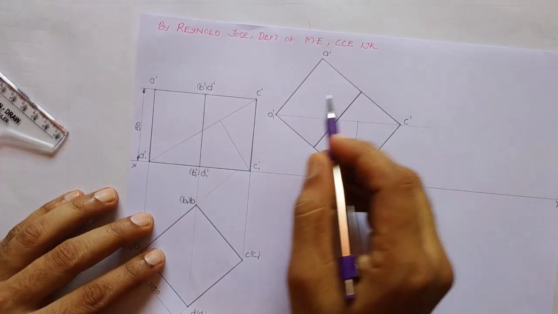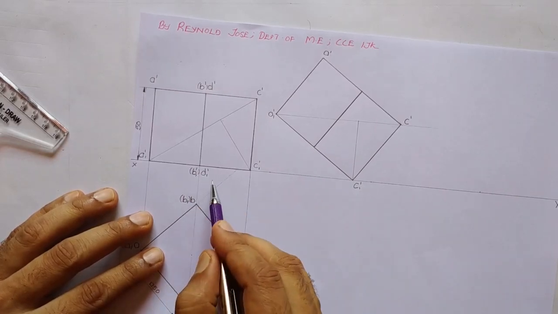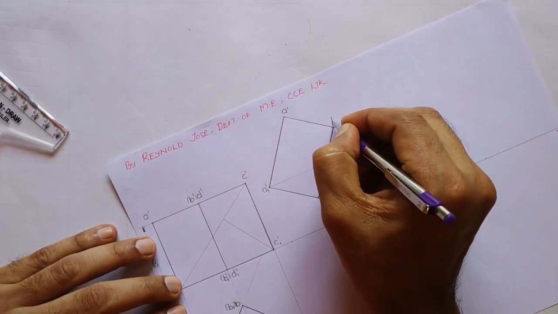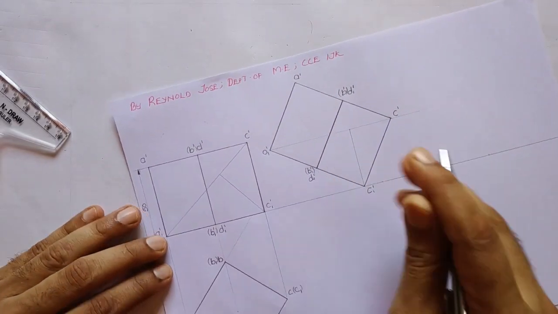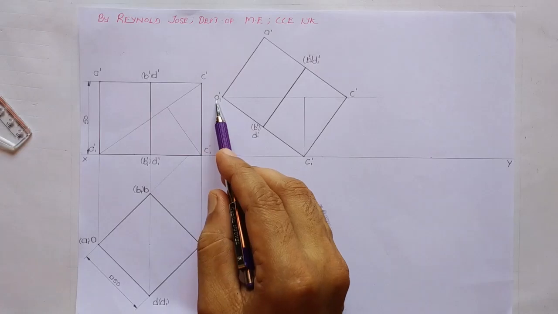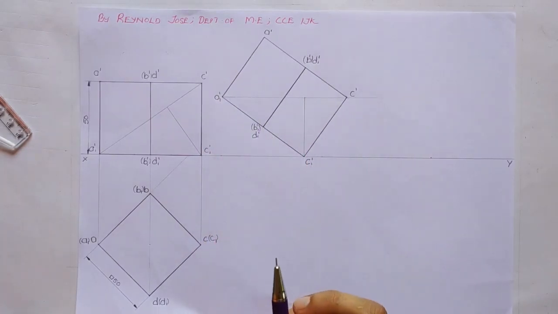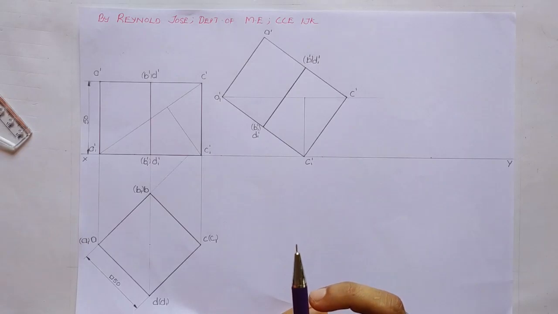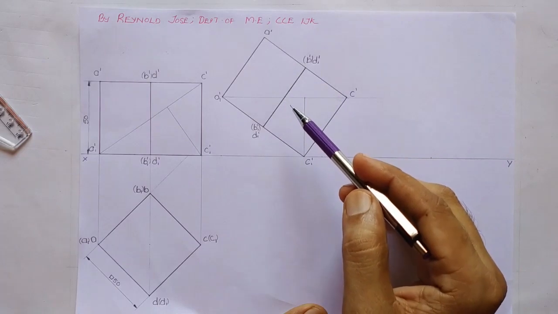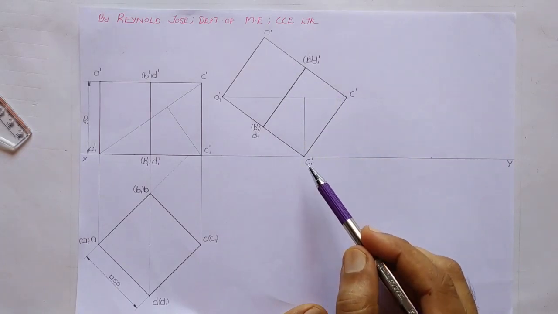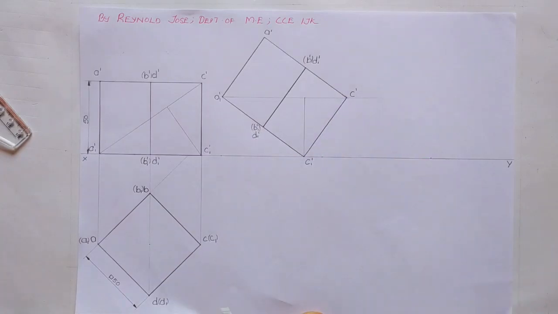So this point will be B dash D dash, and this point will be B1 dash D1 dash. Now the body diagonal A1 dash C dash is parallel to the XY line. That means it is parallel to HP. Now we shall draw the top view of this cube when it is resting on a corner. So in order to draw the top view, we shall extend projectors from the present front view and previous top view.